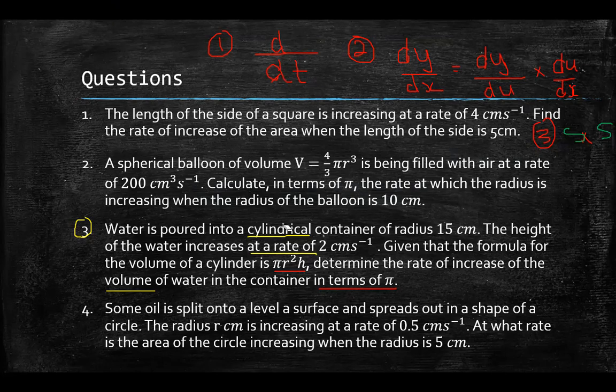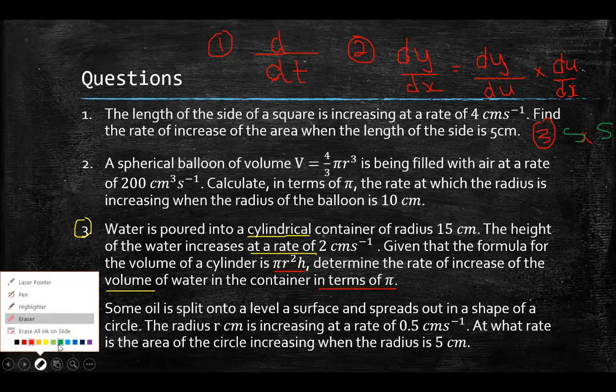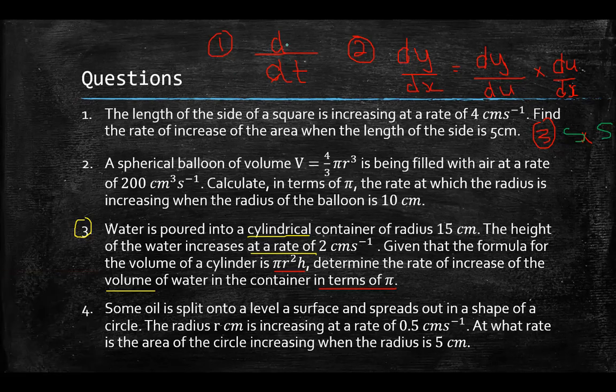Because rate means with respect to time. So reading this second sentence, the height of the water increases at a rate of 2 centimeters per second. Using h as the symbol for the height, it would be dh on dt to represent that right here. And it will be 2 centimeters per second.